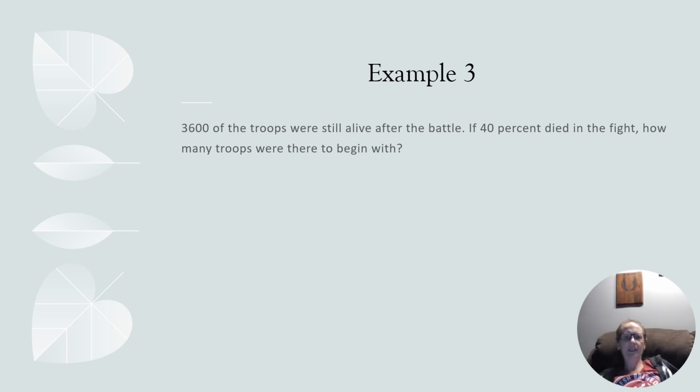It involves percents. So on one side we'll have ratios and the other side we'll have percents. So we have the ones that are alive, the ones that died, and the total amount of troops there were to begin with.